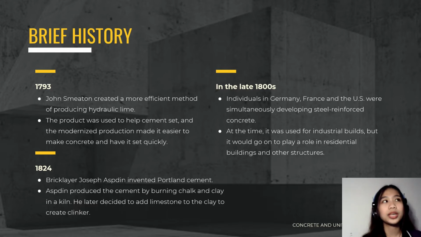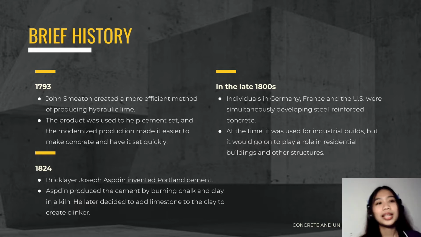The kiln is a furnace that helps make the cement powdered. Later, he decided to add limestone to the clay to create a clinker. So what is a clinker? Basically, this clinker became the backbone of Portland cement production.